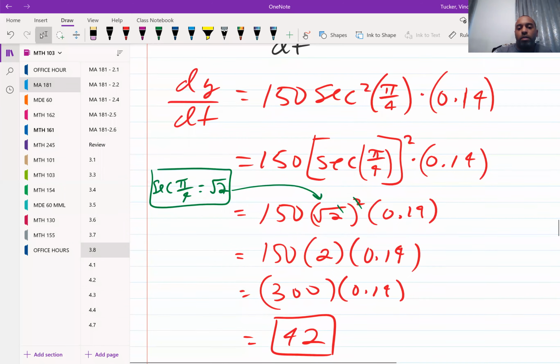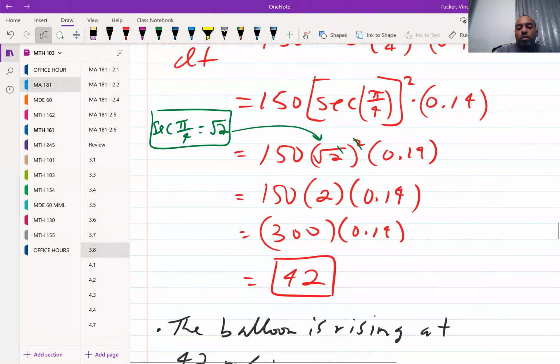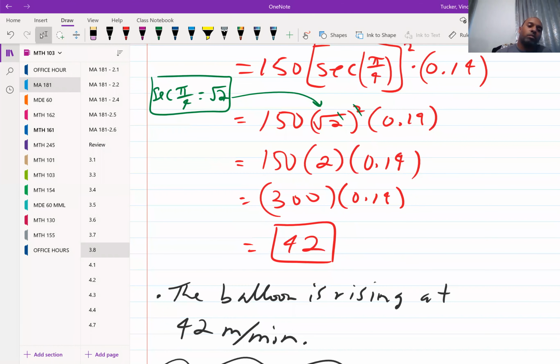So the balloon is rising at 42 meters per minute.